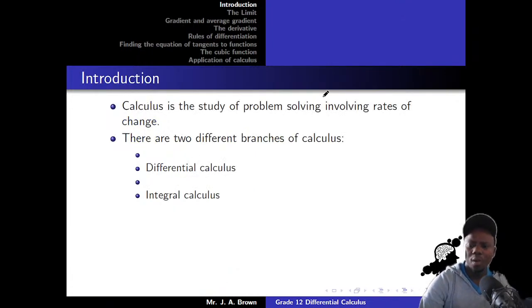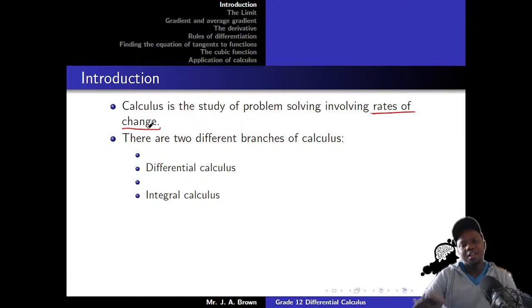Now, we've got calculus. Calculus is the study of problem solving involving the rates of change. Now, think about this, for example. Here's a scenario. You wake up every morning and, well, the sun is on its way up. Hopefully, you're not one of those people that woke up and the sun is already up, right?